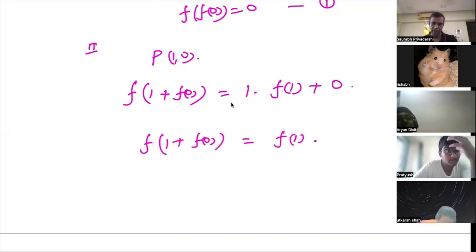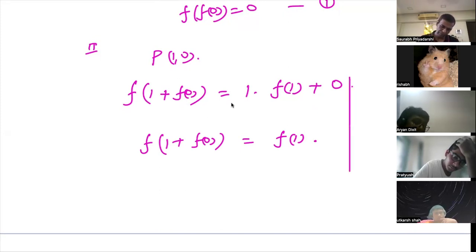And what is the value of f0? What value can you find of f0 in this case? 0. How are you getting f0?